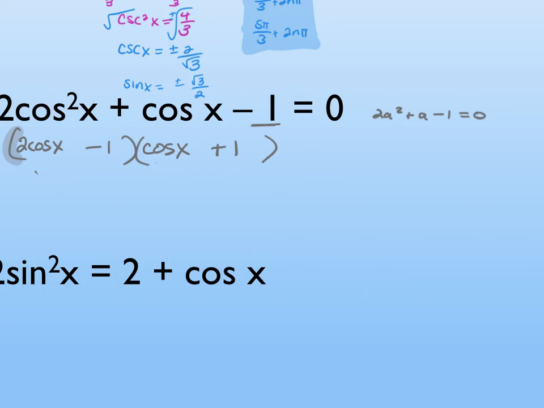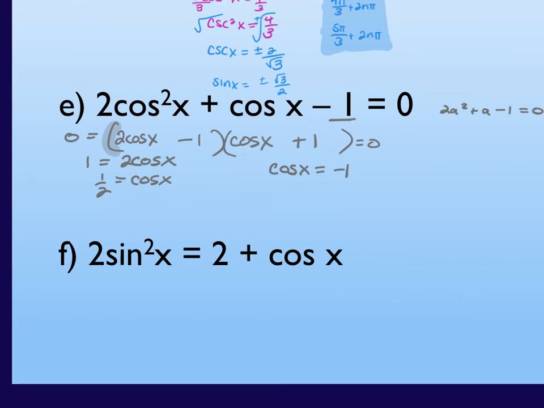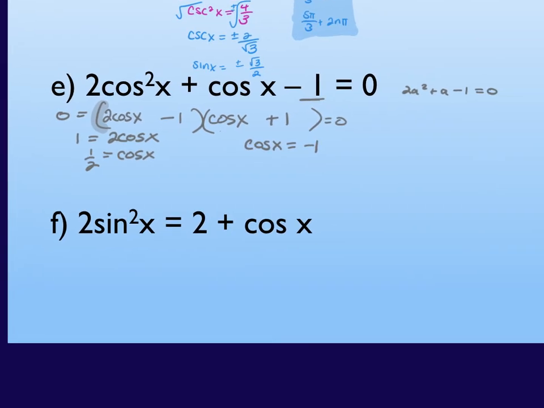Now, set them each equal to 0. 2 cosine of x equals 1. Cosine of x equals 1/2. And cosine of x equals negative 1. So where on my true unit circle is cosine of positive 1/2?